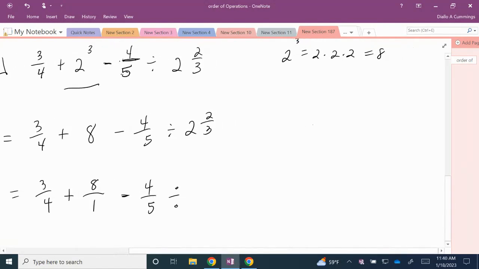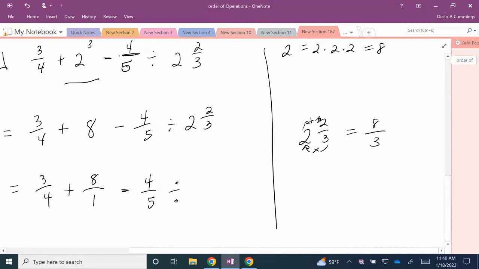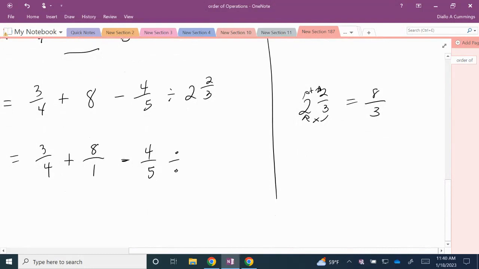So for 2 and 2/3, I'm going to multiply these two and add the numerator. So 2 times 3 is 6. 6 plus 2 is 8. And I'm going to put that back over the denominator. So 2 and 2/3 as an improper fraction is 8/3.